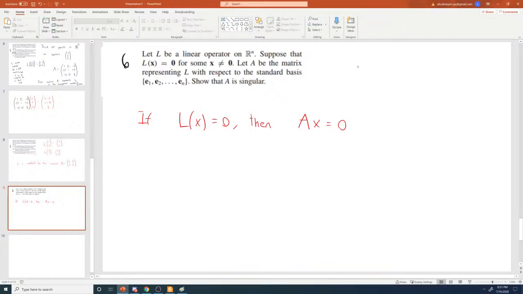And what we're assuming is that x is not equal to 0. Now, we're going to do another kind of proof by contradiction. So we're going to say, suppose A is non-singular, then it has an inverse.